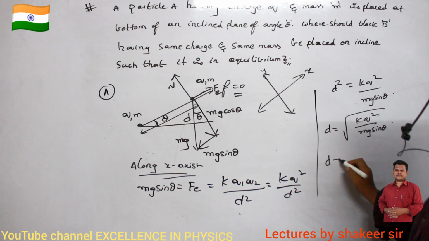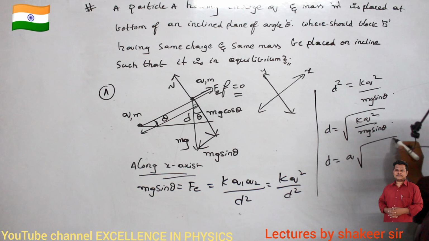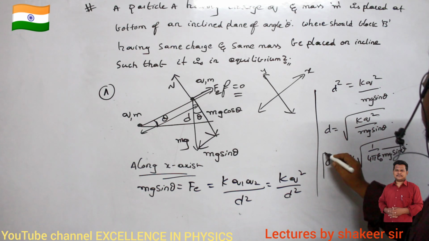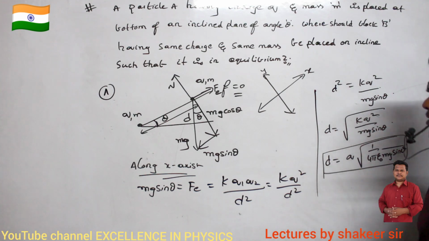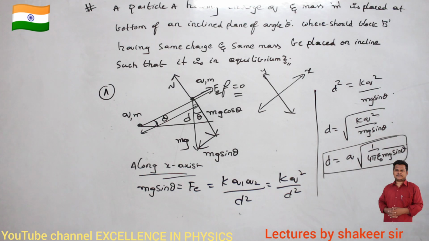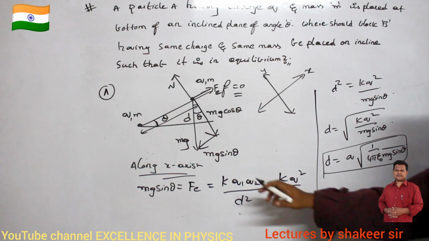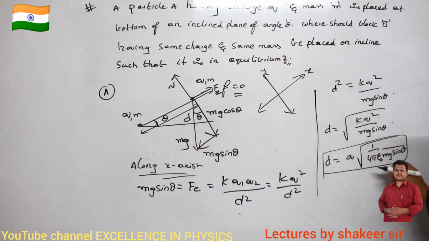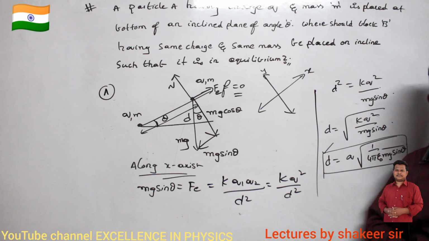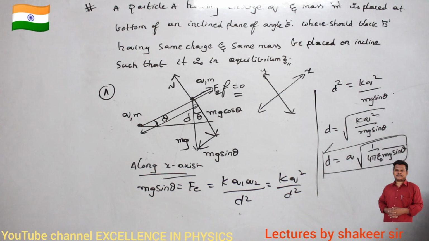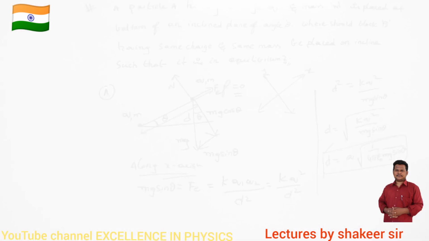So d can be written as q into the square root of 1 by 4 pi epsilon naught mg sin theta, because the k value is nothing but 1 by 4 pi epsilon naught. So this is our answer. It means the second charge I have to place at a distance of d, where d is this much. Then in this condition, both the charges will be in equilibrium. That's all, no?